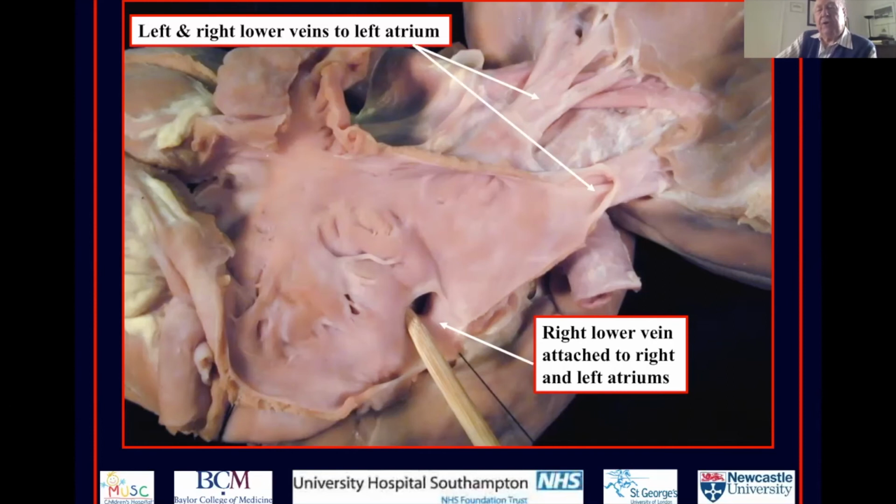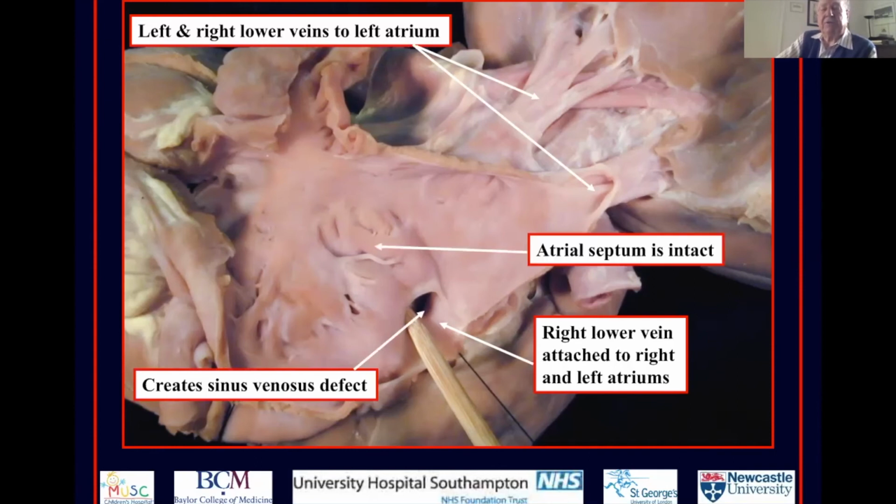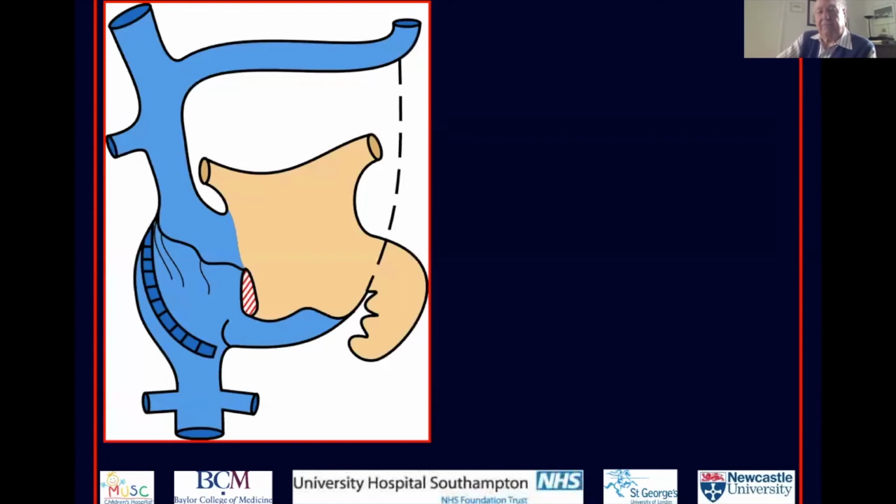And in the extreme form, the entirety of the systemic venous sinus can be connected to the left atrium through what in essence is a sinus venosus defect, with the remainder of the atrial septum being intact.